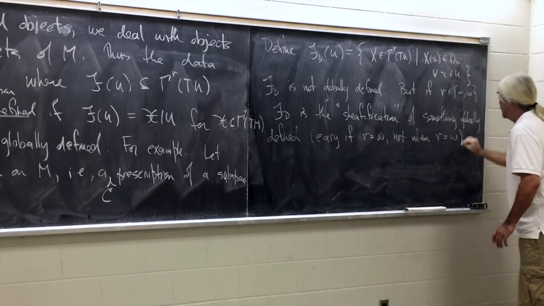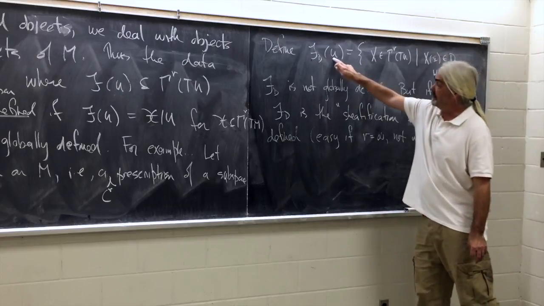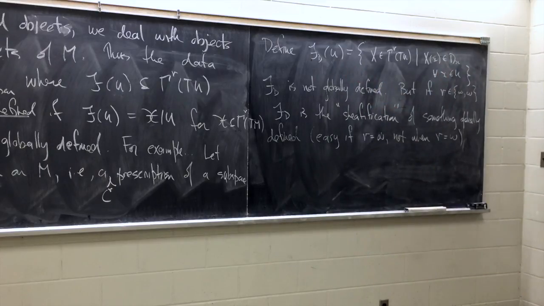There's this construction that we will talk about called sheafification. This is the sheafification of something that's globally defined, and the globally defined thing is simply the set of all vector fields on M taking values in D. That is not a sheaf, but you can sheafify it, and the resulting thing is exactly F_D. That's an easy thing to prove using bump functions when the distribution is smooth.